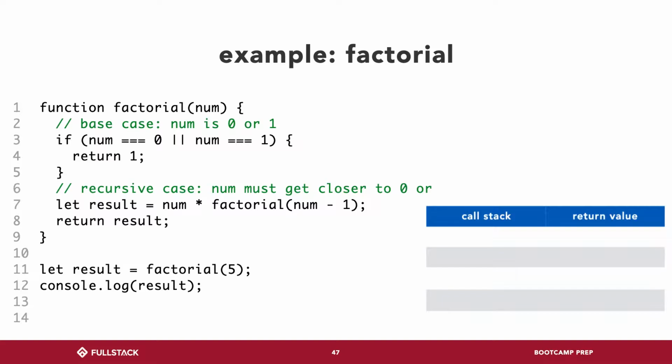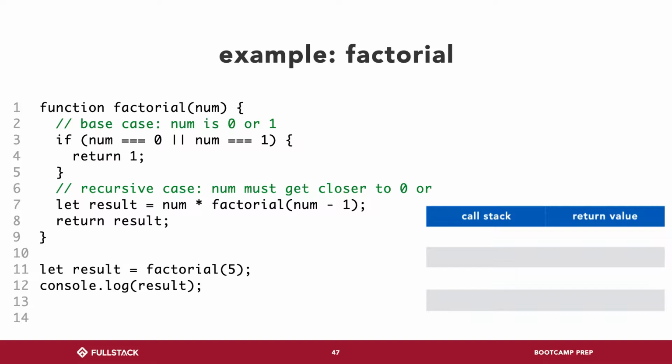So let's pass in 5, and let's see what's actually going on with the call stack. I think this will help you understand more what's going on, especially with return values. When we're setting this to a variable, we define result as a variable, and we are assigning it factorial of 5.